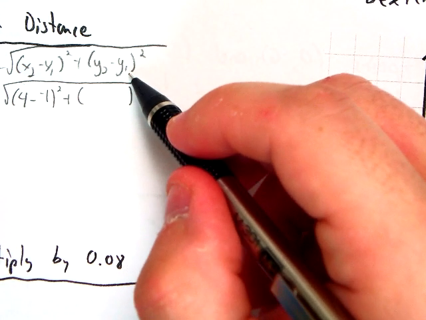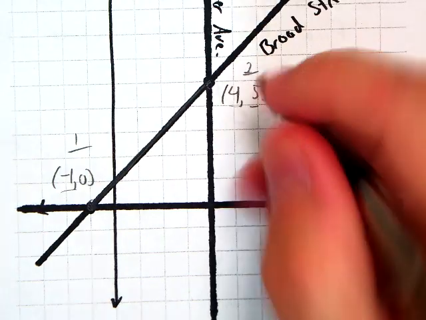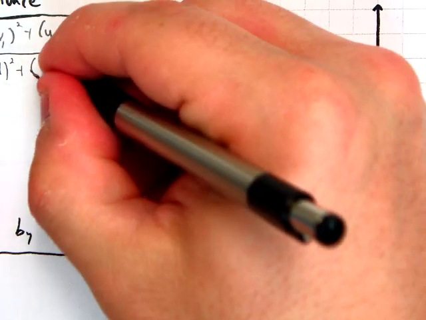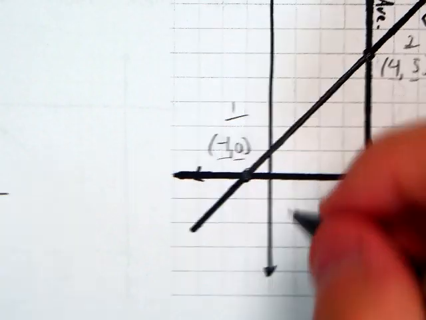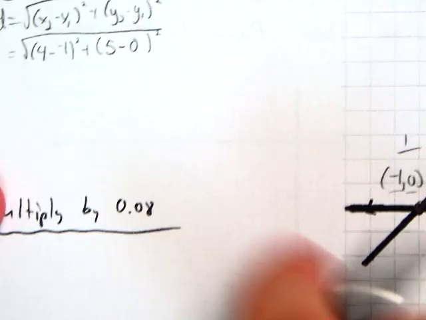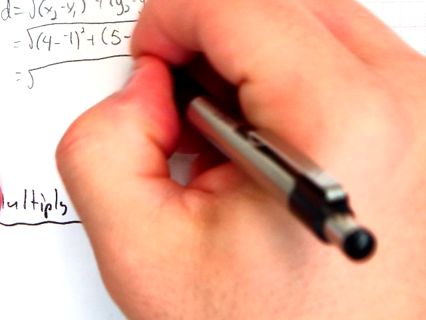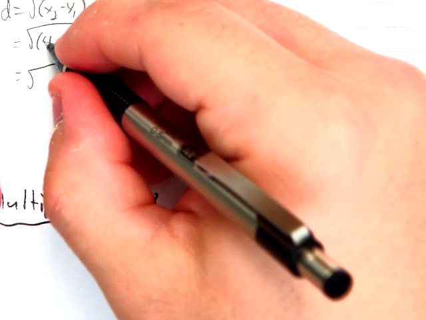Now I have the y terms. The y value from the second ordered pair is 5. The y value from the first ordered pair is 0. If I start solving this now, remember, order of operations comes with parentheses first.